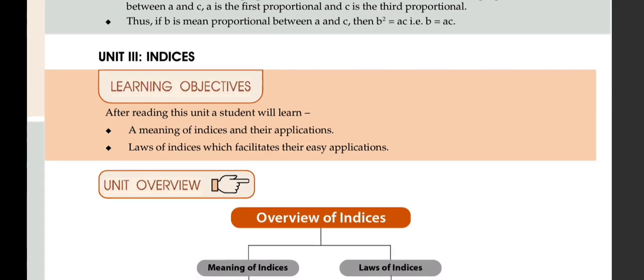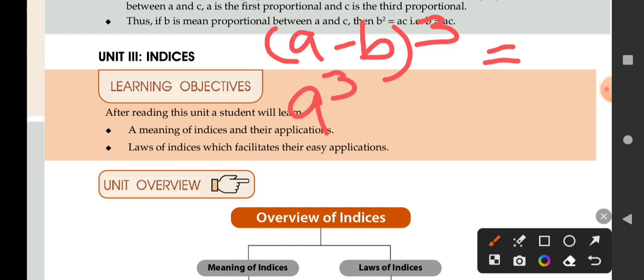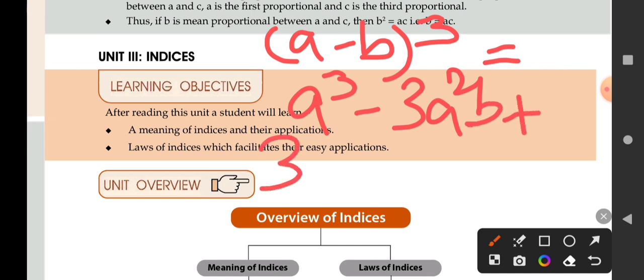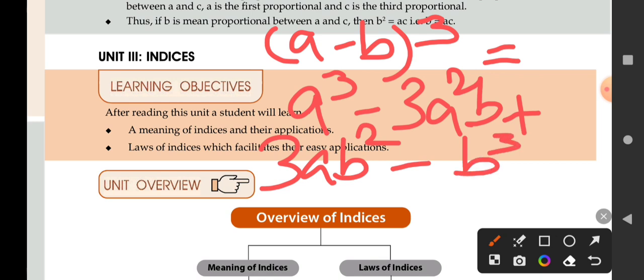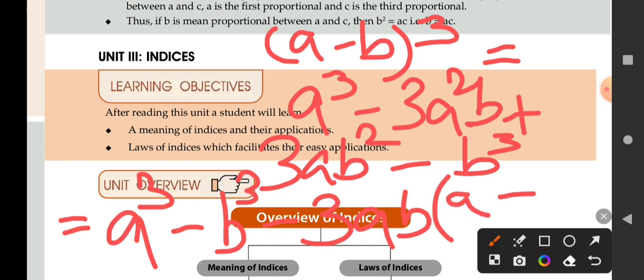Similarly, what is a minus b whole cube? It is a cube minus 3a square b plus 3ab square minus b cube. Expand this one as well: a cube minus b cube minus 3ab bracket a minus b.